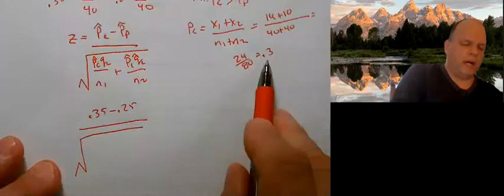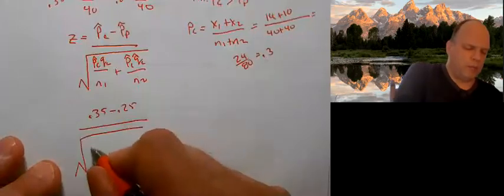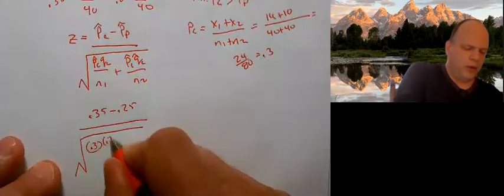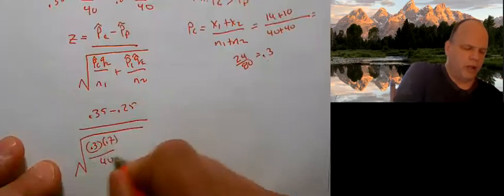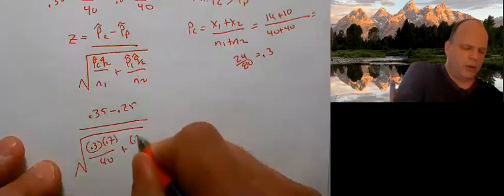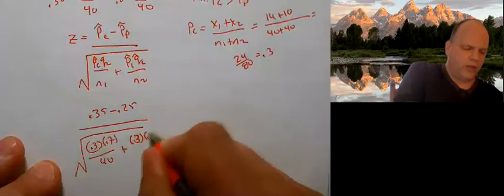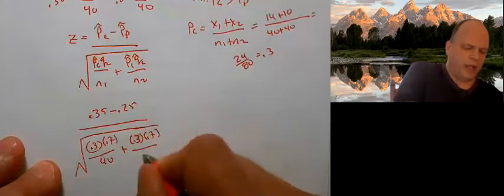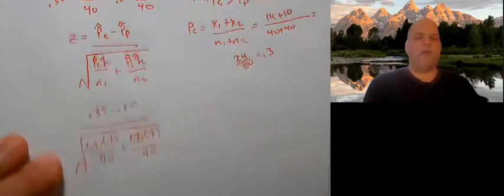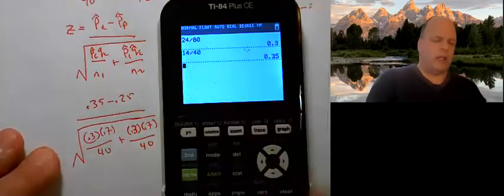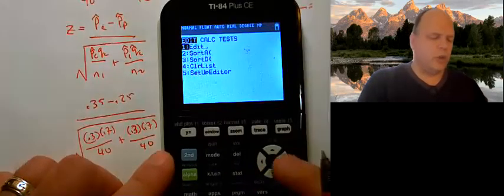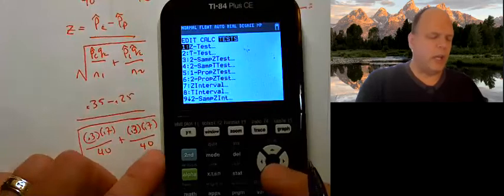We already said P combined was 0.3. This is 0.7. This is over 40 plus 0.3 times 0.7 over 40. And they both happen to have the same sample size. Now that would be showing my work, and then I'd go to the calculator. Obviously, since this is a multiple choice problem, we can go straight to the calculator.